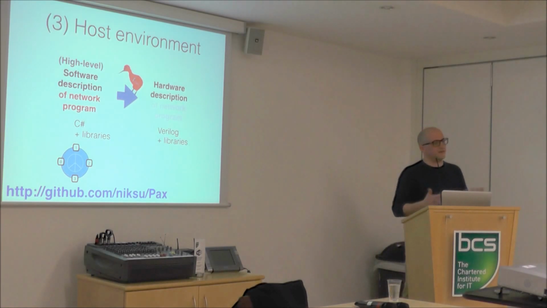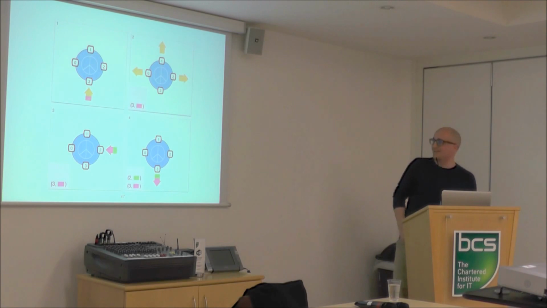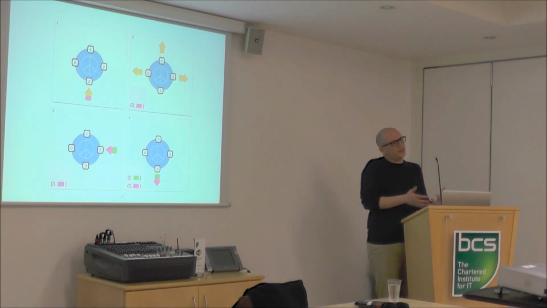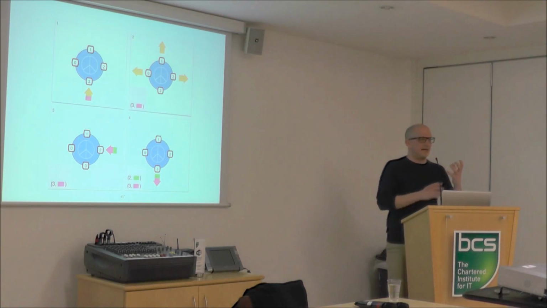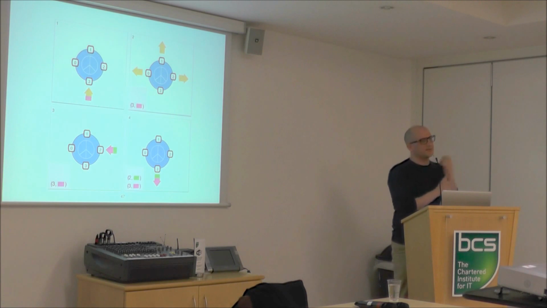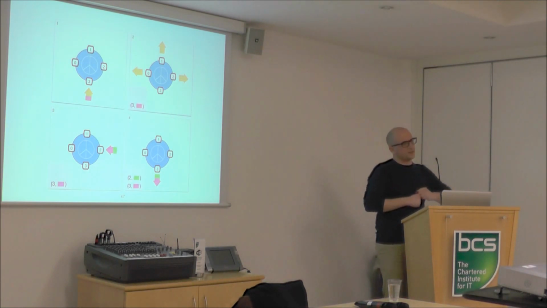You also need an environment that allows you to execute the code that you wrote, and PAX, the URLs there, is a system that provides you with a very simple abstraction for writing network code. It's the obvious usual abstraction, which is a blob of logic with ports. And you configure these ports to receive information or send information.